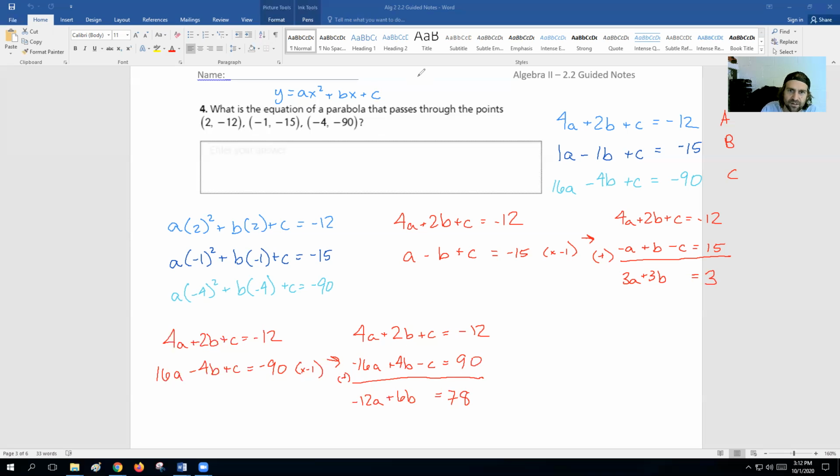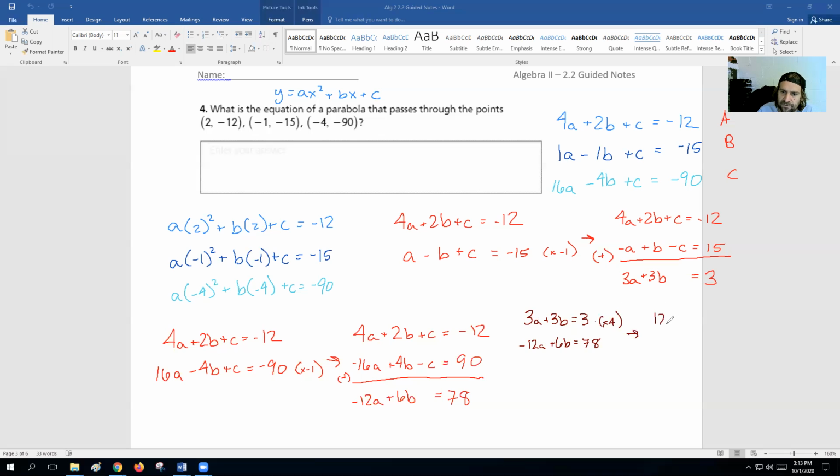Okay, now that we've got those two, we're going to take these two answers and stack them up. So 3a plus 3b equals 3, and -12a plus 6b equals 78. What we need to do now is get a set of opposites. I'm going to multiply the top one by 4 to get opposite a's.